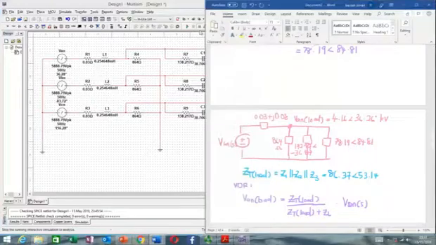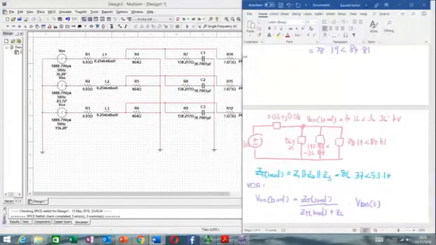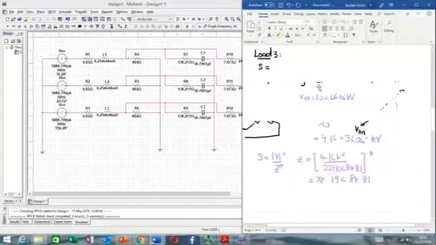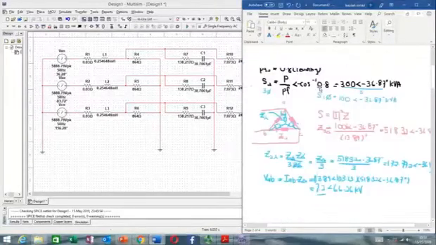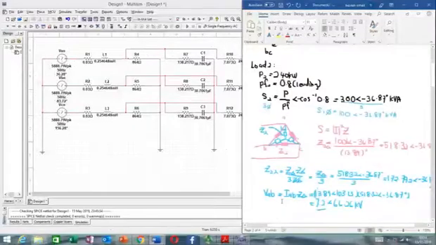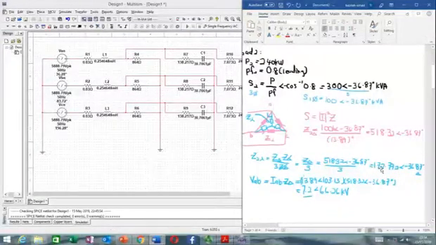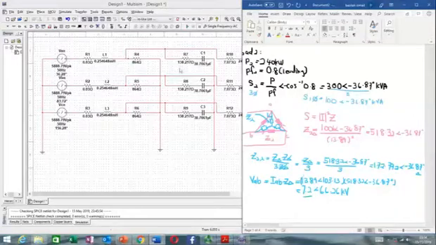So just key in the value for load 2. We have load 2. Yeah, this one. This is the load 2. The value for load 2. So calculate, convert it into a rectangular form. We will get 138.217.